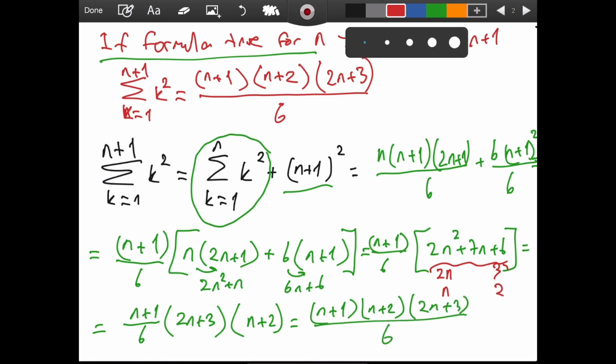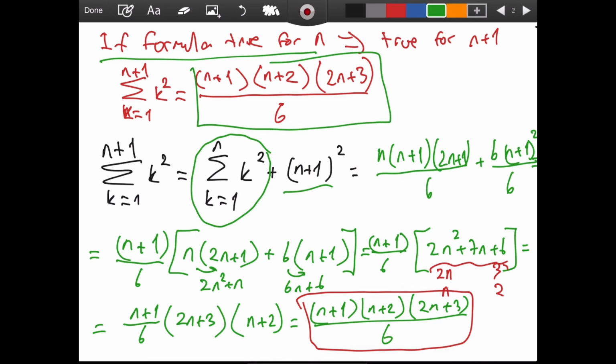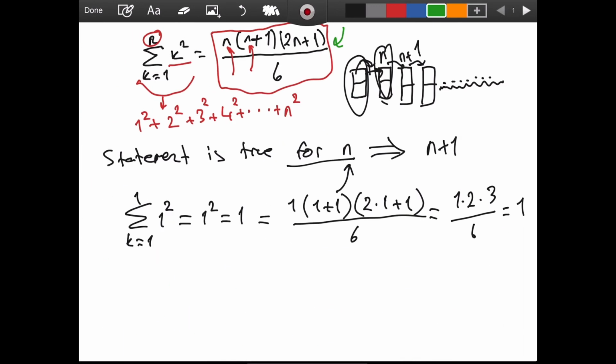And this is exactly the same thing as this red part. So we have shown that if this proposed equation, the one that we started with, is true for n, then it is also true for n plus 1.